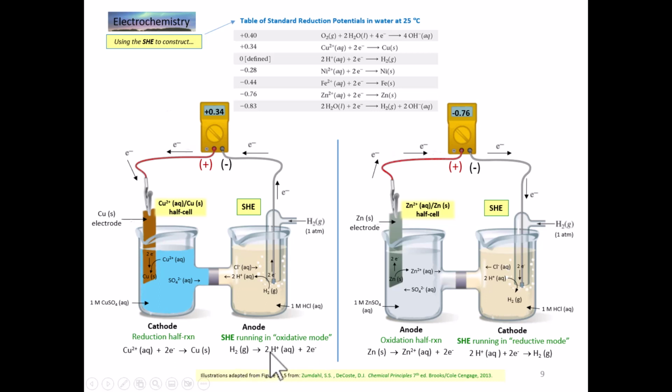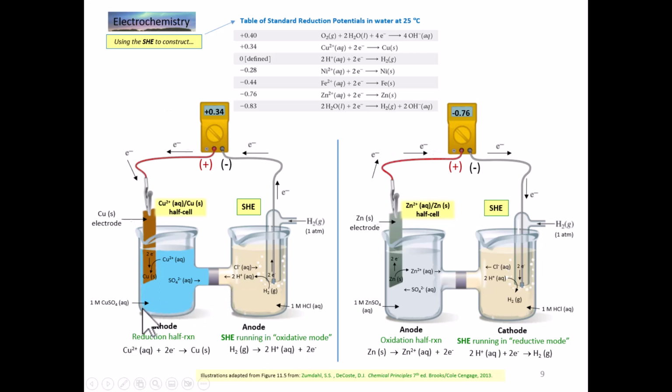Hydrogen gas being oxidized to hydrogen ion and 2 electrons, the electrons going through the circuit and reducing copper ions to copper. So of course this would be the cathode where reduction is occurring, and the standard hydrogen electrode would be the anode where oxidation is occurring.